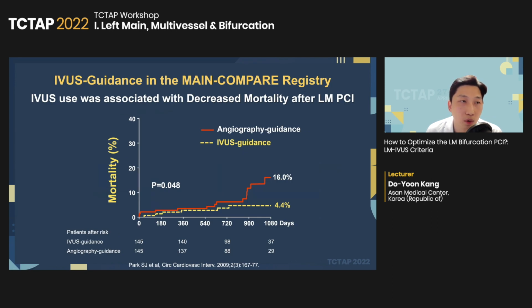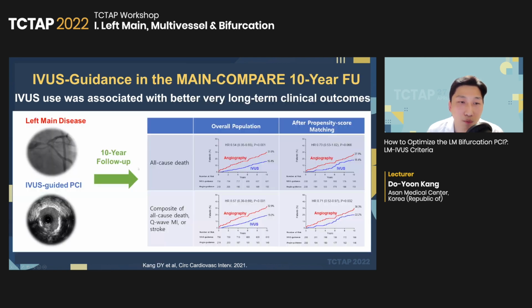Also, regarding the role of IVUS, we published that IVUS guidance in the MAIN-COMPARE registry showed better survival in 3-year follow-up. And recently, we extended the follow-up up to 10 years. And the benefit of IVUS use was associated with better, very long-term 10-year clinical outcomes in all-cause death and composite of death, Q-wave MI, or stroke, even after the propensity score matching.